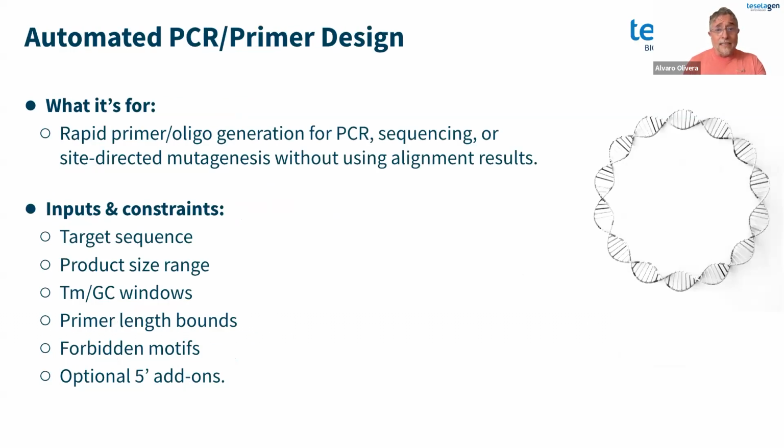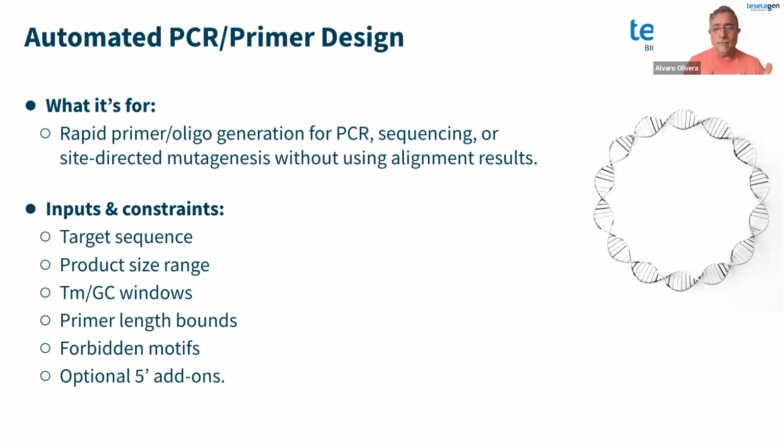The automated PCR primer design tool: here we have another problem. We need to calculate and design primers for any PCR we would like. So here, instead of manually calculating, let's say, melting temperatures or checking GC content, we just set high-level constraints and specify details, such as the desired amplicon size range or the primer length limits.